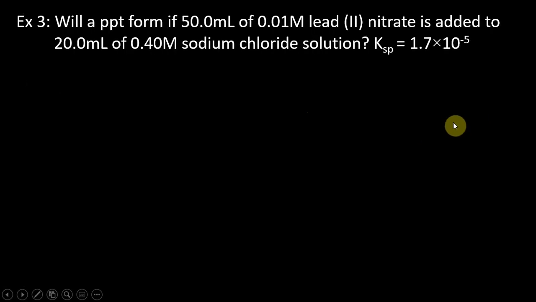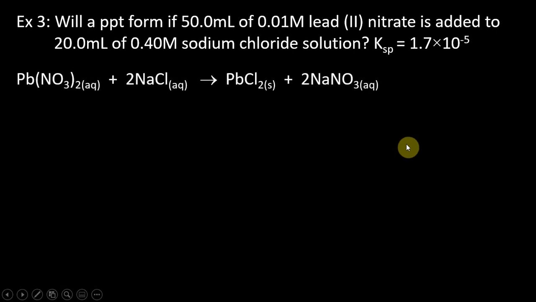One more example. Will a precipitate form if we add 50 milliliters of a 0.01 molar lead(II) nitrate to 20 milliliters of 0.4 molar sodium chloride solution? Same process again: figure out the reaction equation.